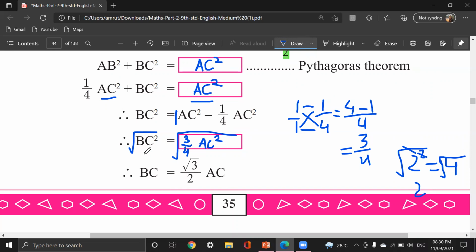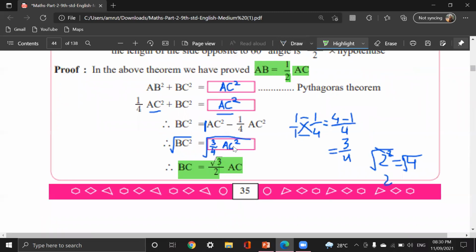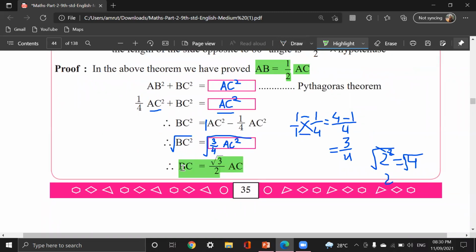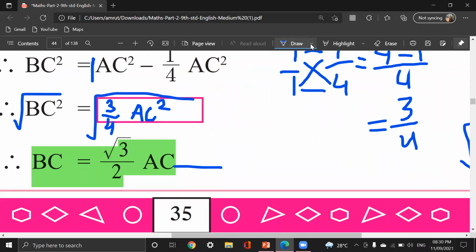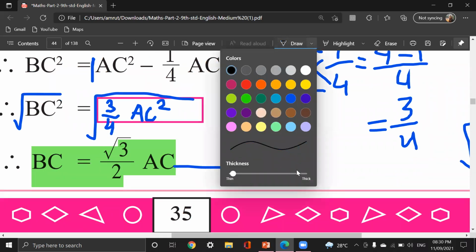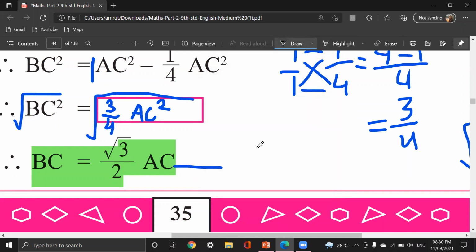Okay, and here we have this answer. So I'll highlight this part. So we proved that the side which is opposite to 60 degree, which is BC. So here this thing is very important. This is applied to which angle? 60 degree angle.